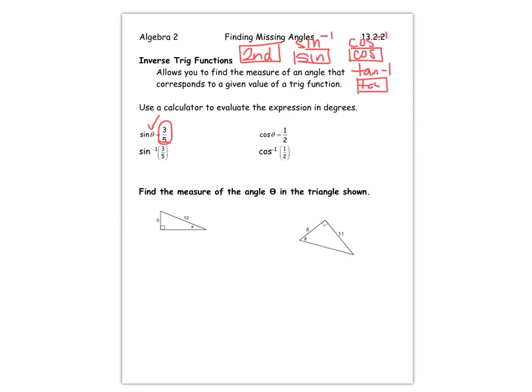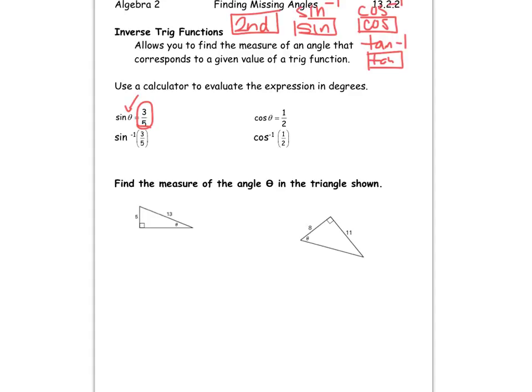All right, here's two examples. We have to look at what we're given. From this angle's viewpoint, we're given a 5, which is on the opposite side. And we have a right angle here, so 13 is our hypotenuse.